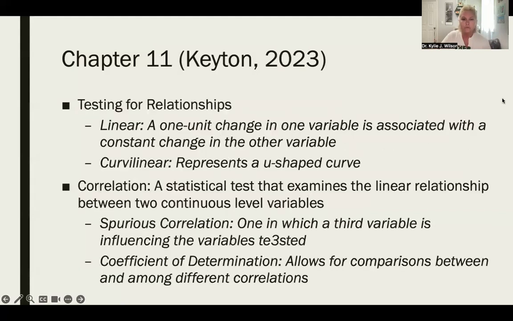Okay. All right, chapter 11, we talk about testing for relationships. This is where we talk about linear relationships. So one unit change in one variable should be associated with a constant change in another variable. So as one variable increases by 1, that's going to come with change happening in the other, right?